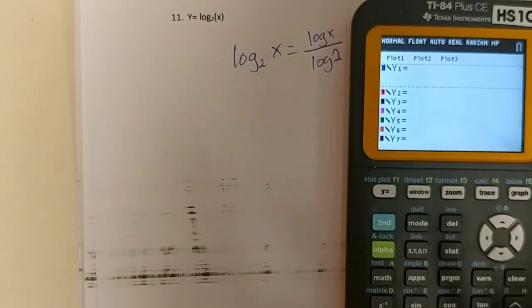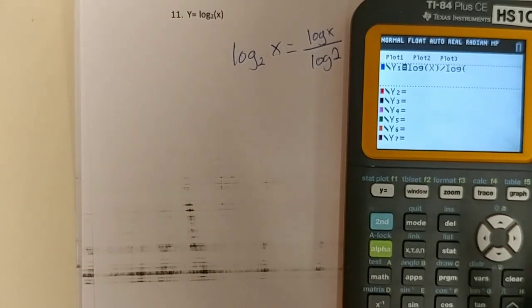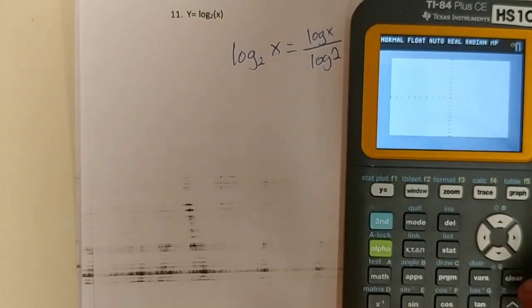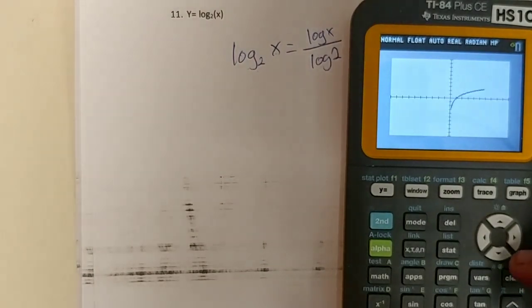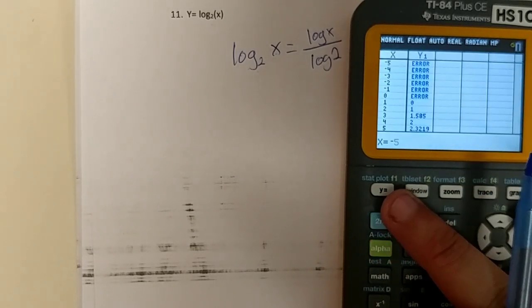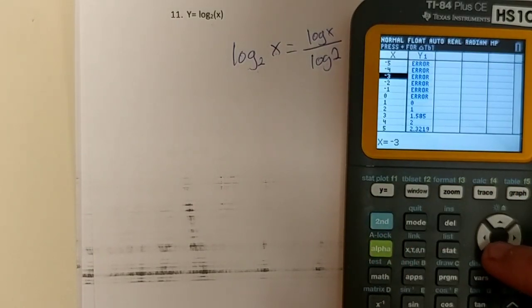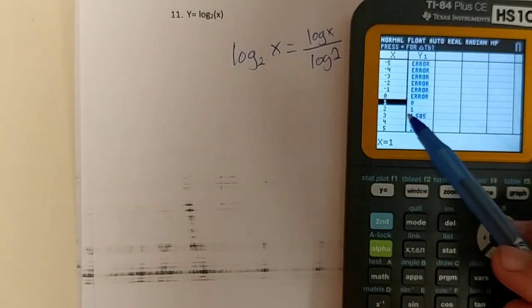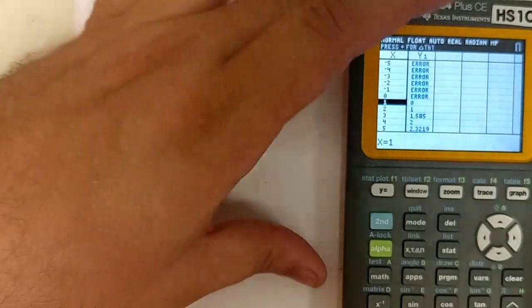So let me type that in as is. Log of x, parenthesis close, divided by log of 2. Now I could graph that, and it's graphed, but it doesn't really help me see. So what I'm going to do is click second table. And you see all those errors? I don't want to look at those. I just want to go to the ones that are important to me. So I see a 1, a 2, and a 4.